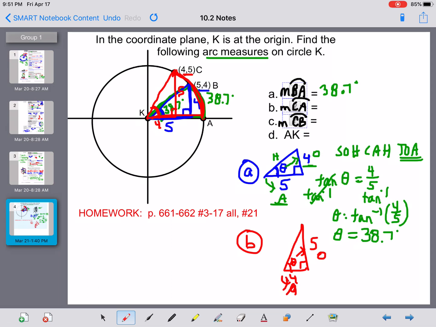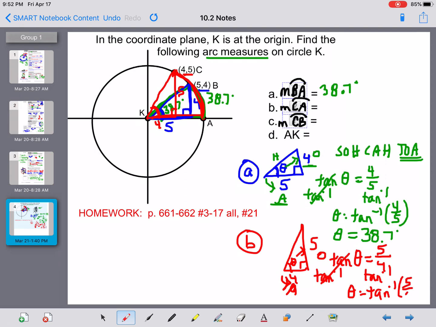So I have tangent of this theta equals its opposite, which is 5, over its adjacent, which is 4. Once again, to get theta all by itself, I need to move that tangent. The only thing that undoes tangent is inverse tangent. What I do to the left side, I do to the right side. These two cancel. Theta is going to be the inverse tangent of 5 over 4.